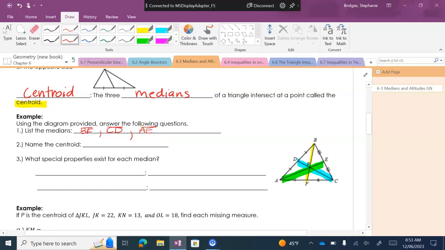Okay, so my three medians in this picture are BF, CD, and AE. Again, the order of the letters doesn't matter as long as you have those two. The centroid is the point where they intersect in that picture. What point do those three medians intersect at? P. Okay, so guess what my centroid is? Point P.